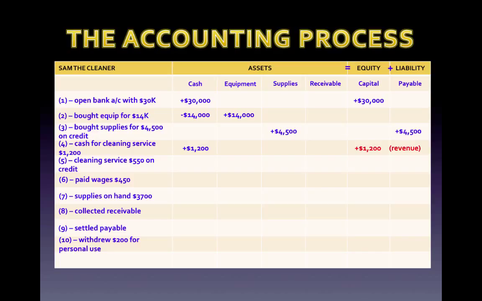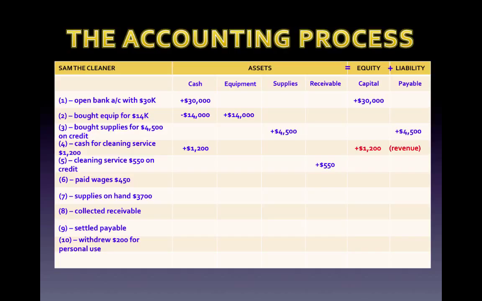where Sam went and did some cleaning, but the customer has not paid Sam. If the customer had not paid, no cash came in, but you can recognize a claim on that cash from the customer, and that's also your resource. When you have a claim on someone else's cash, that's also a resource to you.